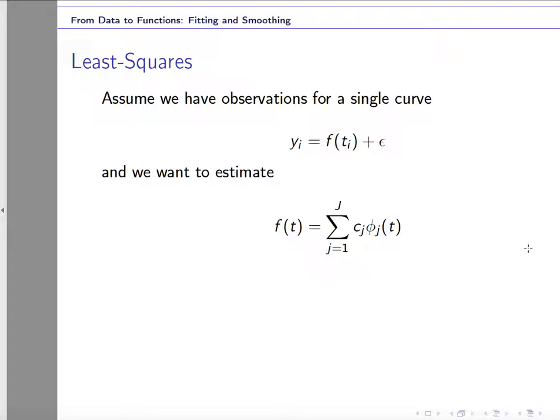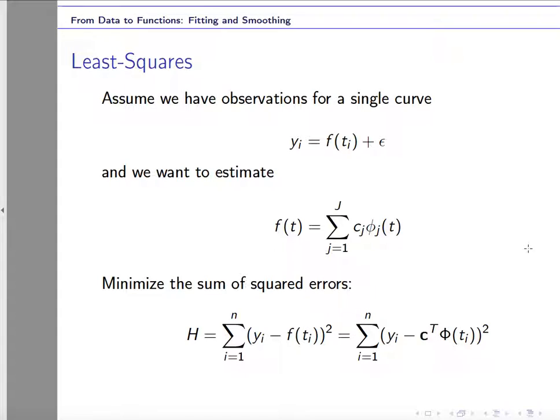So how can we estimate these basis coefficients, cj? We use least squares estimation. We try to minimize the sum of squared errors, yi minus f of ti, which we can write as a function of the basis coefficients c.